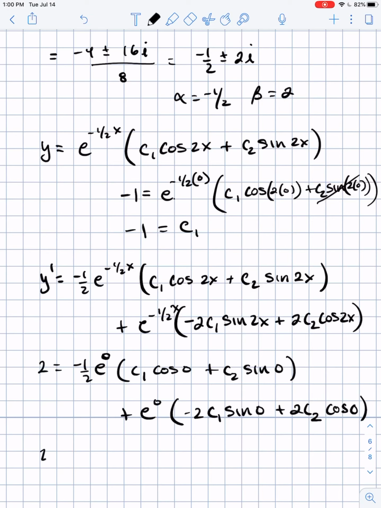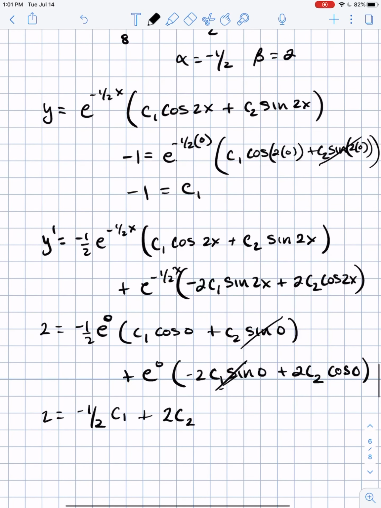Just be careful here on what everything is. Here you get negative 1/2, because e to the 0 is 1, cosine 0 gives c1, and sine 0 is just 0. Then e to the 0 is 1, sine is 0, so that goes out, and then you have plus 2c2.